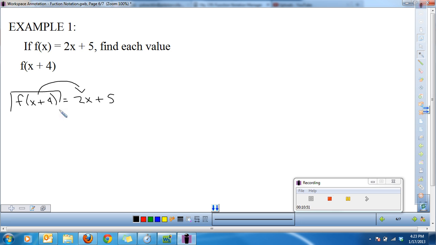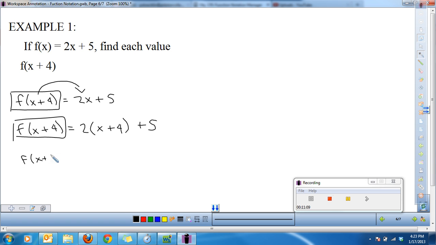And remember, this is going to stay. That's part of the formatting. F of x plus 4 equals 2, I'm going to put a big parentheses, and in for my x, I'm going to put in an x plus 4. Now let's simplify.